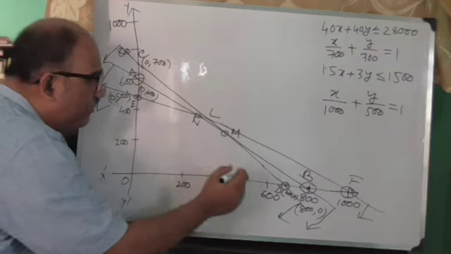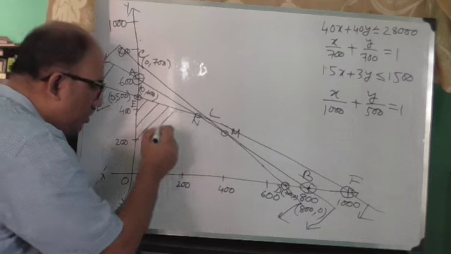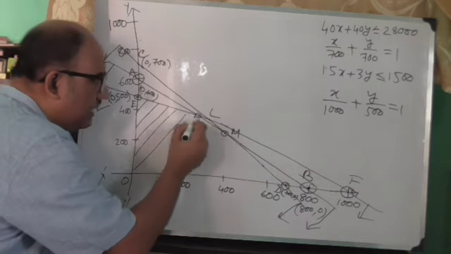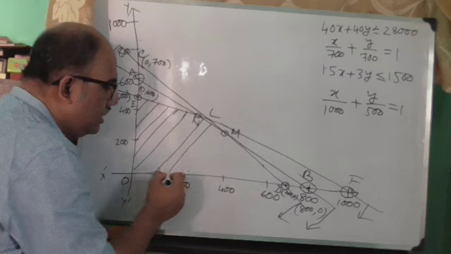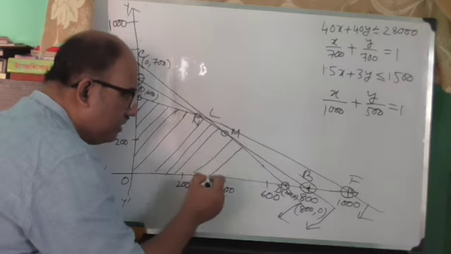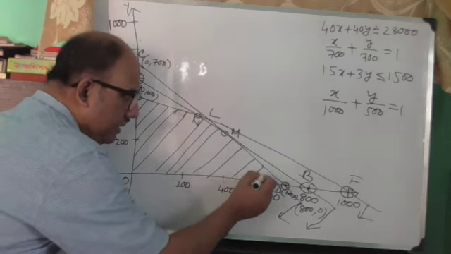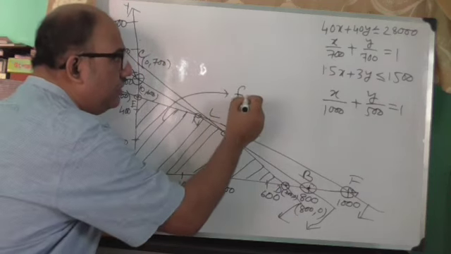Actually, if you look carefully, this is the region, or you can say the region which is common to all the three constraints. The region that is common to all the three constraints is our feasible region. It's called feasible, so we name this FEASIBLE.